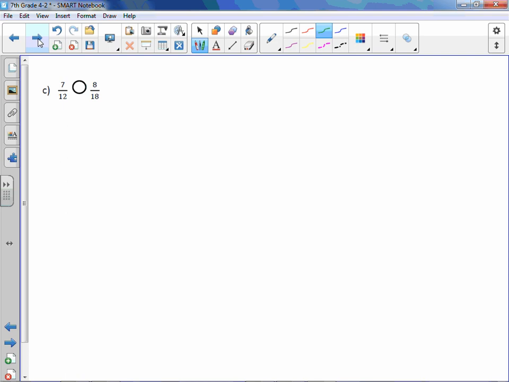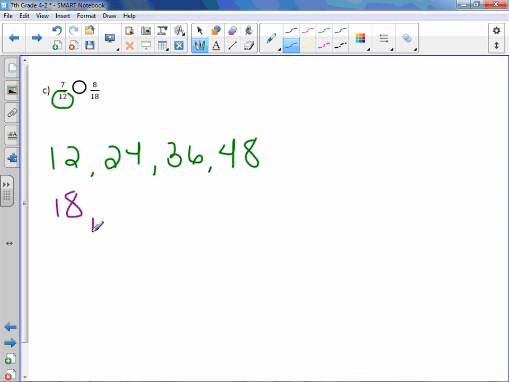Letter C, we need some common denominators here. Let's just make common denominators here. 12 and 18. Well, multiples of 12 are 12, 24, 36, and 48. For 18, we have 18, 36, 54, and I can actually stop there because 36 is in common.